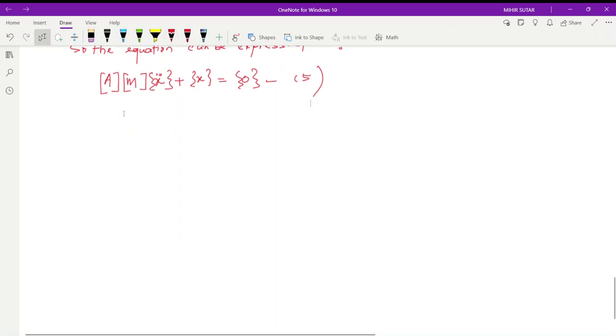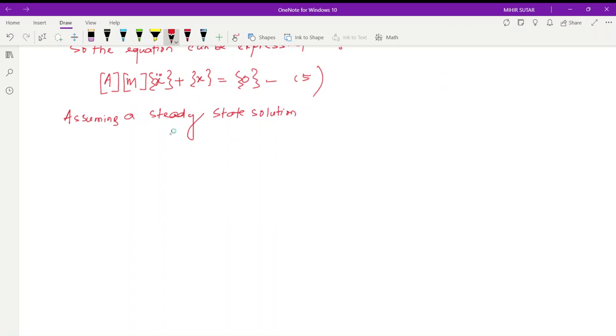Okay. Now assuming a steady state solution, let's say x is equal to capital X sin omega t.